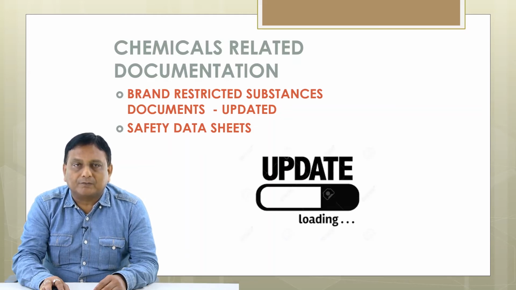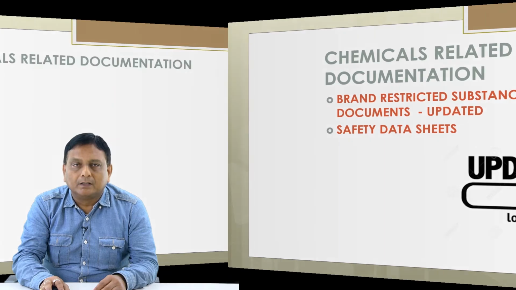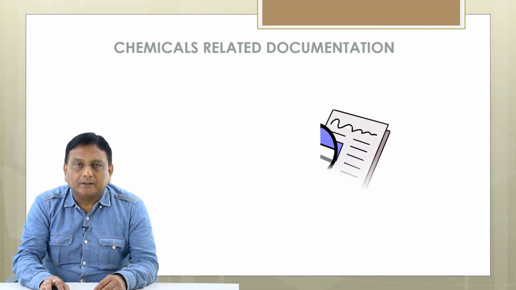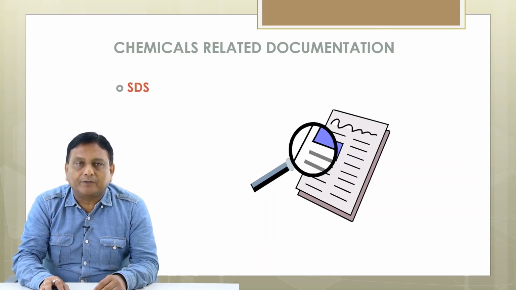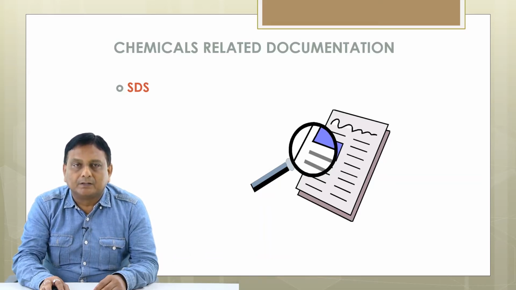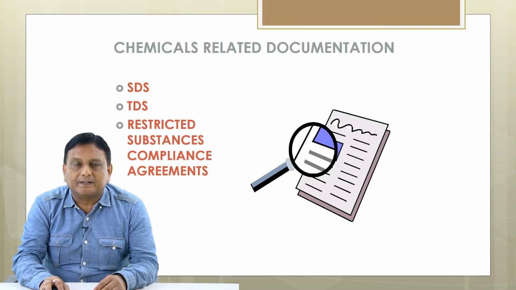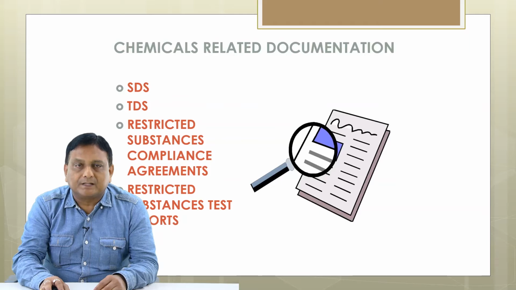So, updation is very important in chemical related documentation, and that's why, if we see in a nutshell, what are the different aspects of it? First comes the SDS, that is the safety data sheet, then the technical data sheet, then the restricted substances compliance agreement, an agreement which a particular supplier has to sign, and also the restricted substances test reports.